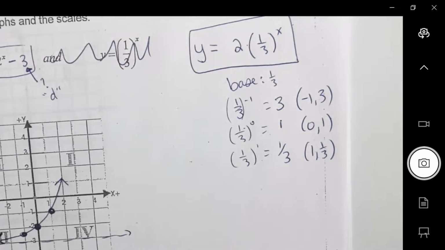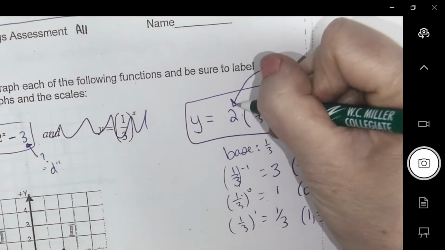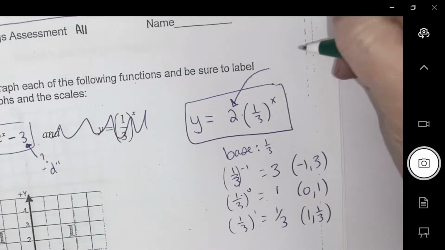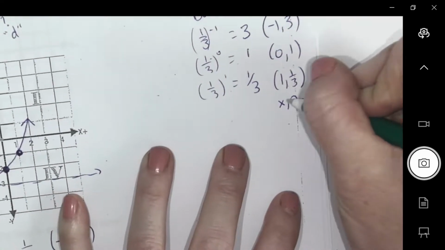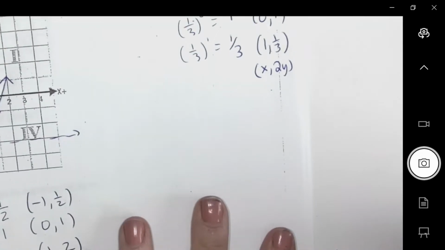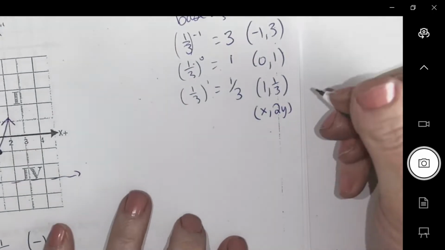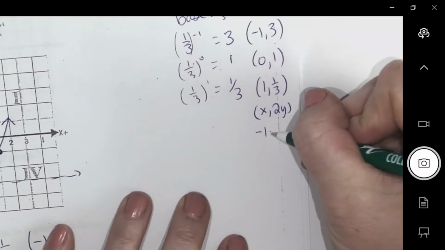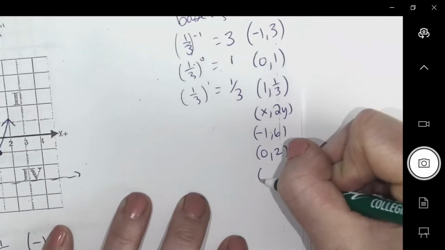What's going on? This is an A. So I'm going to do x comma 2y. So negative 1 comma 6, 0 comma 2.